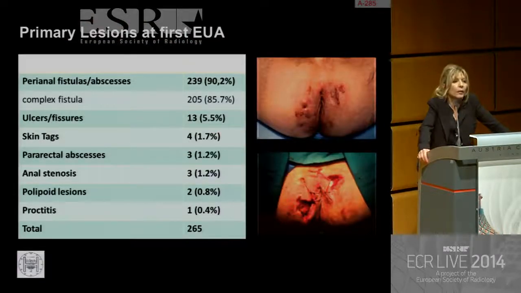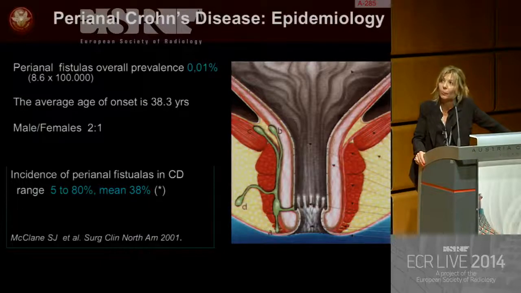In Crohn's disease, we have very severe fistulizing perianal disease. In the majority of cases, we find complex fistulas. Differently from the general population, where the incidence is what Steve just said, about 0.01%, in Crohn's disease patients, this disease has a very high incidence and prevalence.